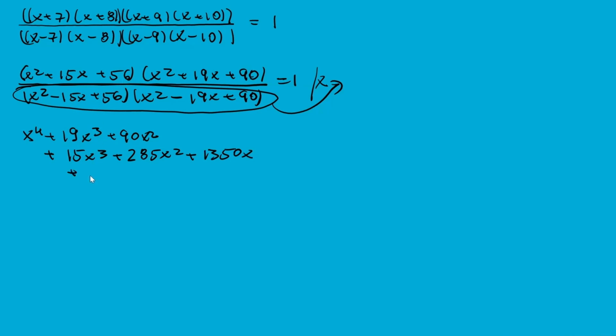We have 56x squared plus 56 times 19x is 1064x. And then we get plus 56 times 90, which is 5040.